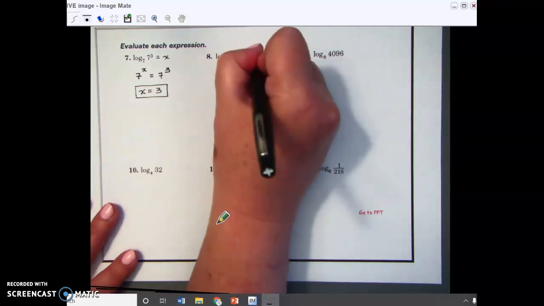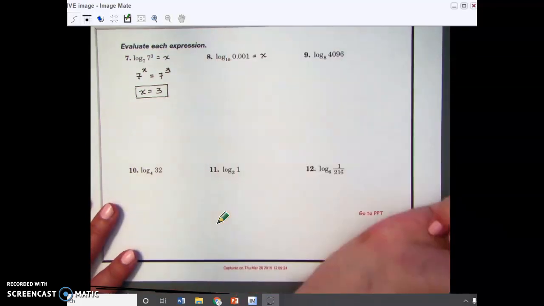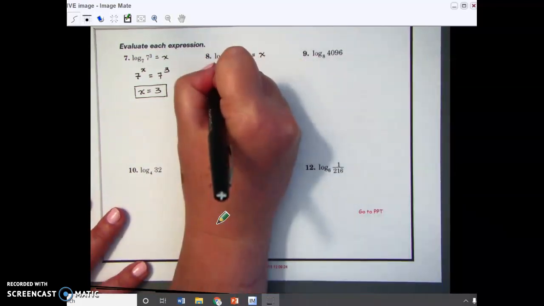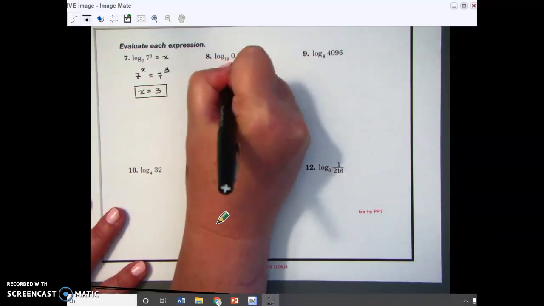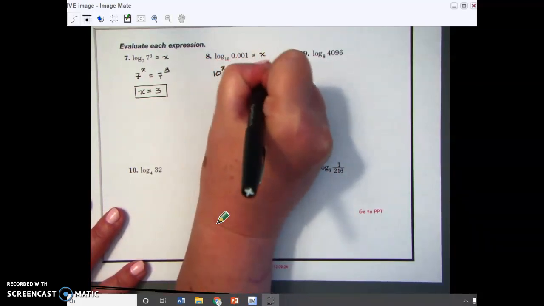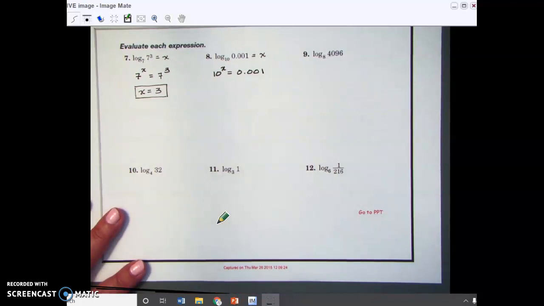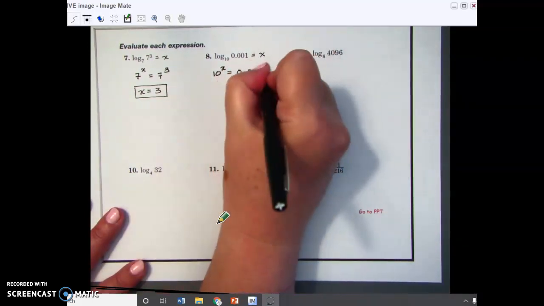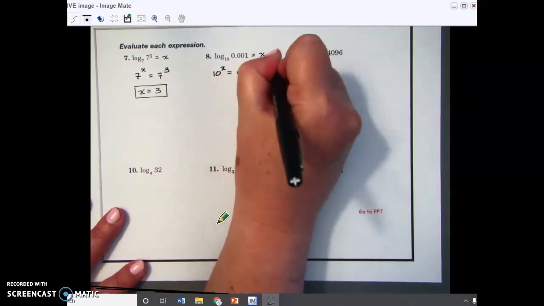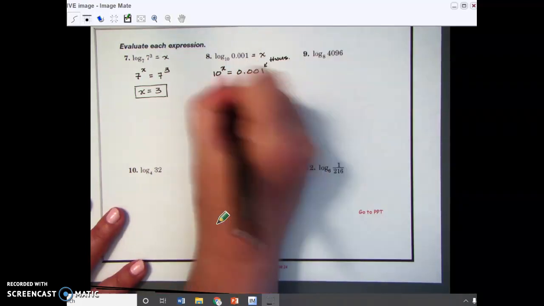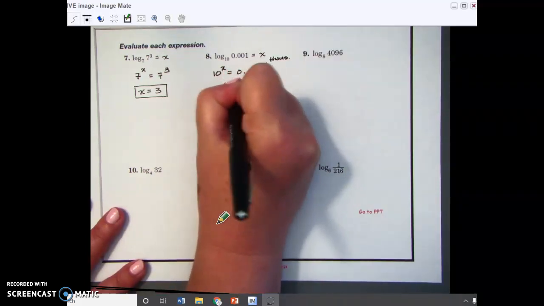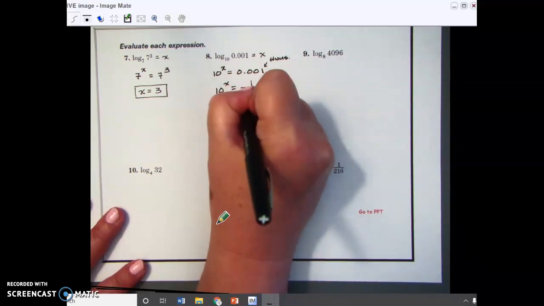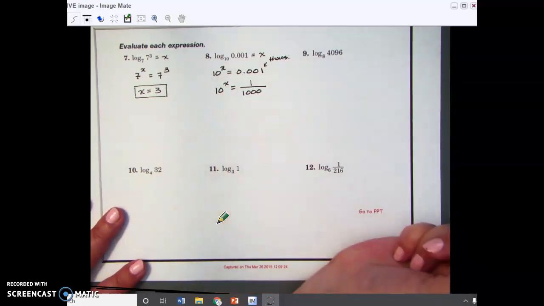So taking a look at number 8, we would say that this is equal to x. So I'm saying what power of 10 gives me 0.001? So let's take a look at 0.001. Do you see that the 1 is in the thousandths place? And so that means this is saying 10 to the x is equal to 1 in the 1,000th place.